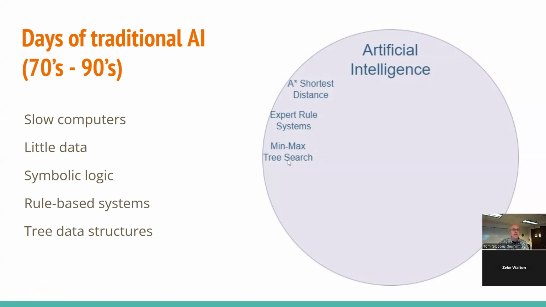These are the methods that are used. If you play chess against a computer, that uses a min max search and how many look aheads it does. If you use Google Maps or any sort of map, and you're finding how to go from here to here, that's the A star algorithm. It's a well-known shortest distance algorithm.